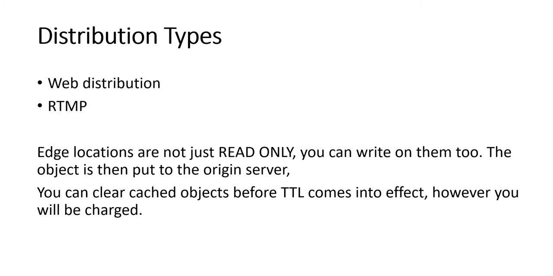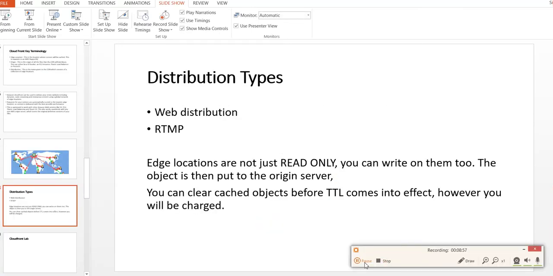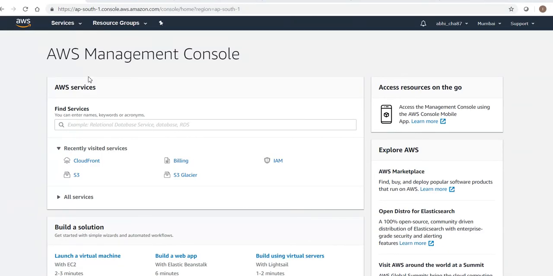The default time period for TTL is around 24 days. If you delete any object before that, you will be charged for the same. So let's continue with the CloudFront Distribution Lab after this.